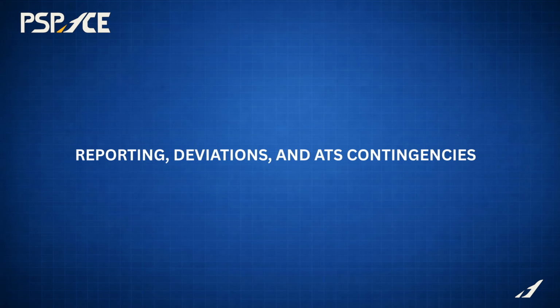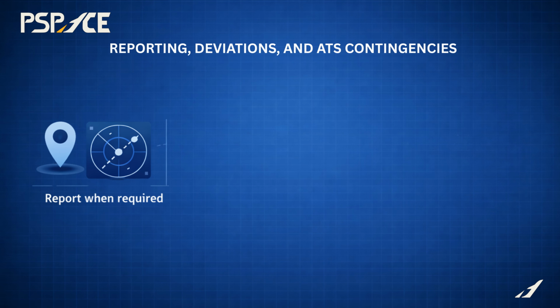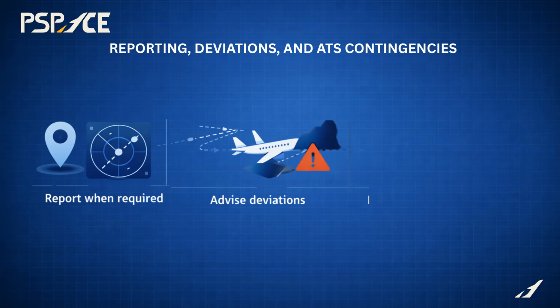The operator must also ensure that crews are prepared to support ATS reporting requirements and to manage ATS contingencies correctly. In practical terms, this means flight crews must be ready to provide position information where required, advise ATS about relevant deviations, and notify the appropriate unit when abnormal circumstances affect the planned conduct of the flight.